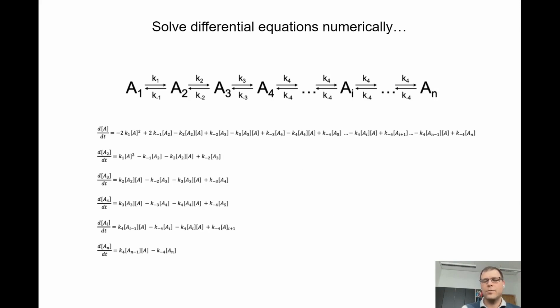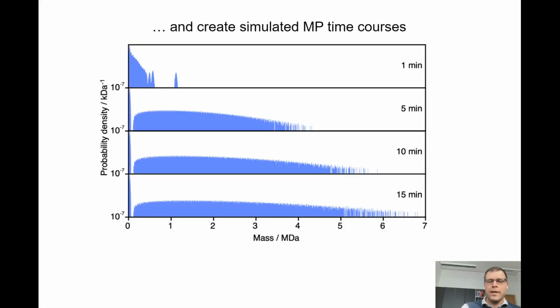The only assumptions I made: I had to limit the number of possible species to a finite number, which in my case was 400, because otherwise I couldn't compute this. And I made the assumption that every step would just be by the addition of a monomer and not bigger species. And then one last thing I needed was a starting distribution, for which I took the experimentally determined one at 1 minute.